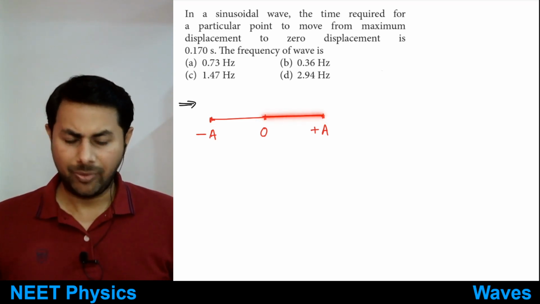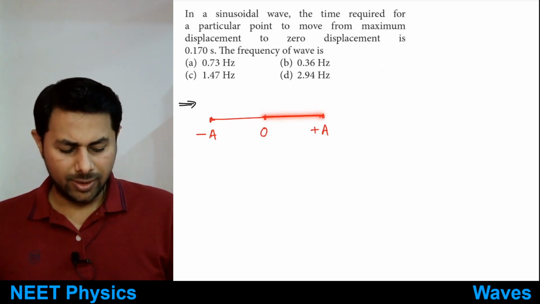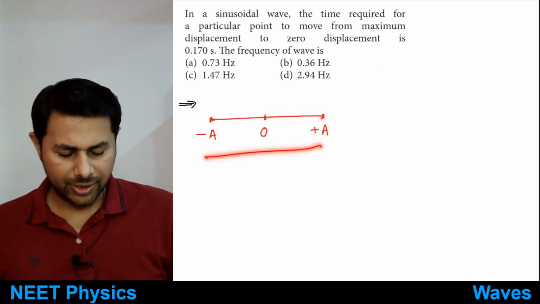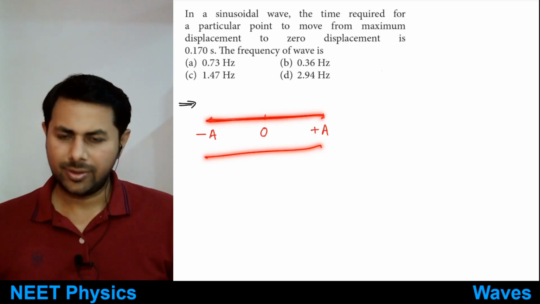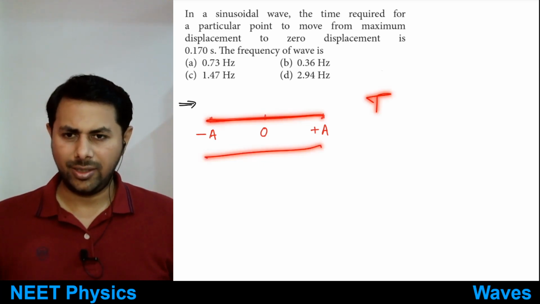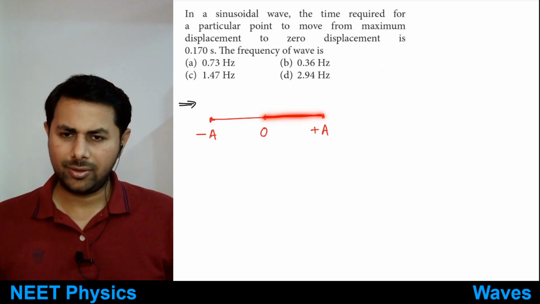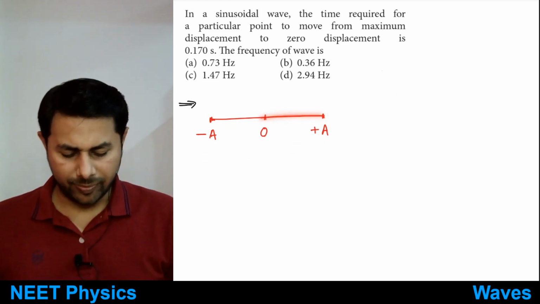It's T by 4. Because to complete one oscillation, from here to here to here, it requires time period T. So the time taken to go from here to here is just T by 4.